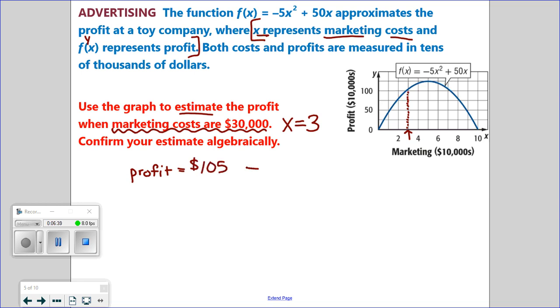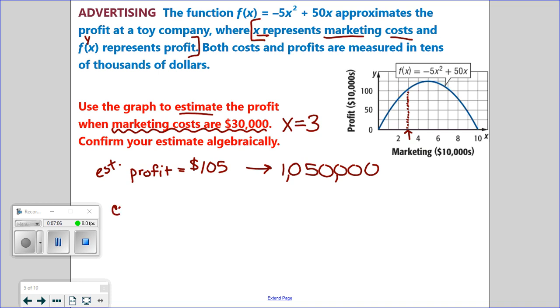Now 105 is actually 105 10,000s, right? Well, what's an easy way to multiply by 10,000? Add the zeros, isn't it? So it's got 4 zeros. I add 4 zeros. It's actually 1,050,000. Okay, so this is my estimate.